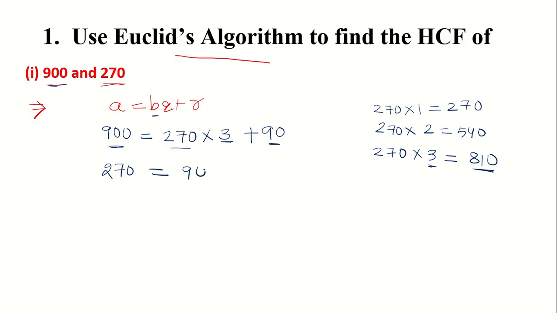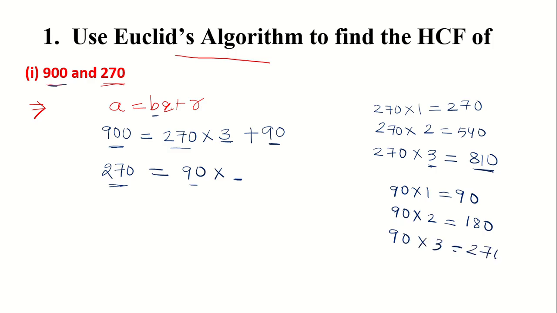Now we take the number with which we multiply to get 270, so the table we need to look at is 90. 90 into 1 is 90. 90 into 2 is 180. 90 into 3 is 270.